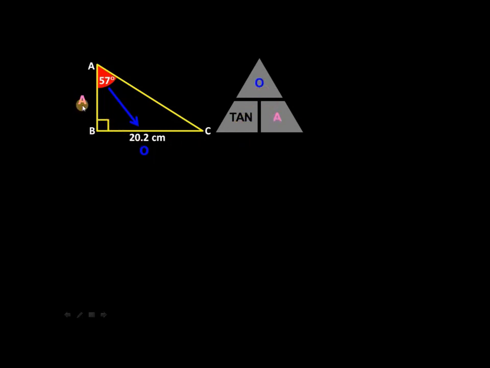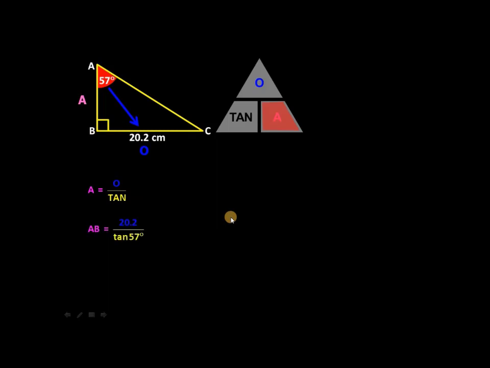But we want the adjacent, so we cover it and we get the law: adjacent is equal to opposite over tangent. We now put the numbers in from the question. The opposite is 20.2. We must put 57 degrees with tangent and we get this.